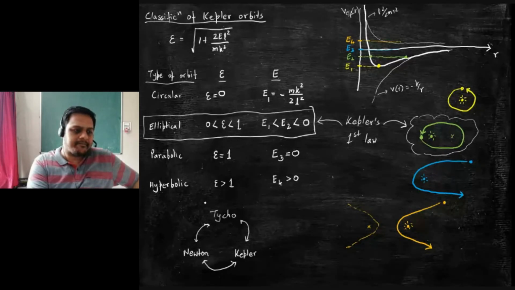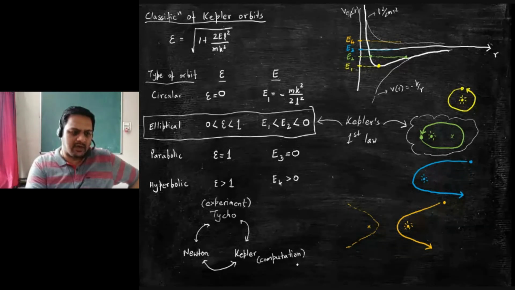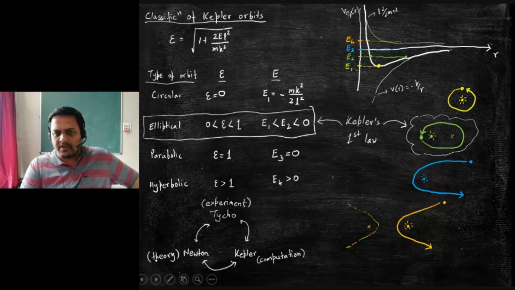Basically, Tycho was an excellent observational astronomer. Kepler was excellent in finding connections between the things which are observed by Tycho. And Newton had the gift of putting all these into a mathematical form. Okay?